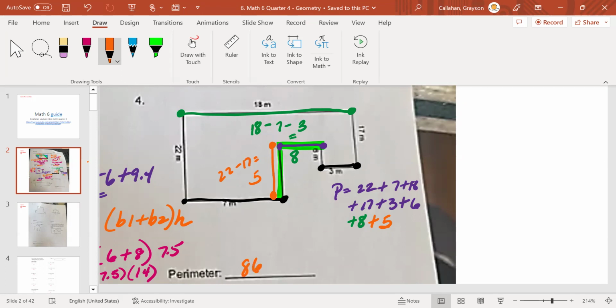Okay, 86 meters. All right, now, how would you find the area to this?